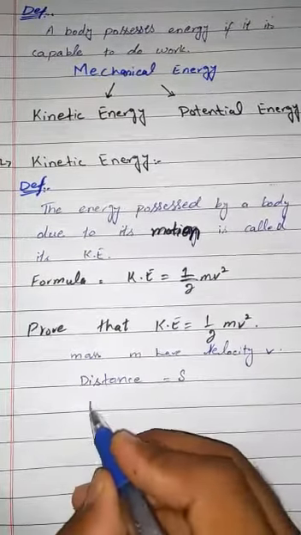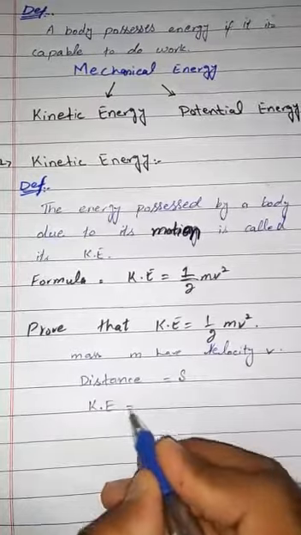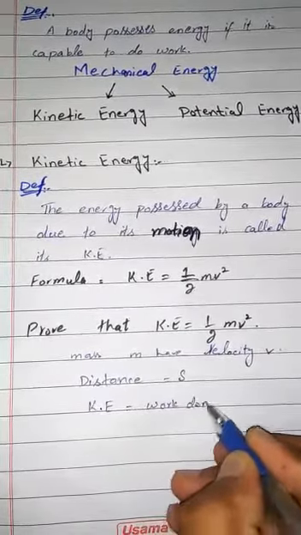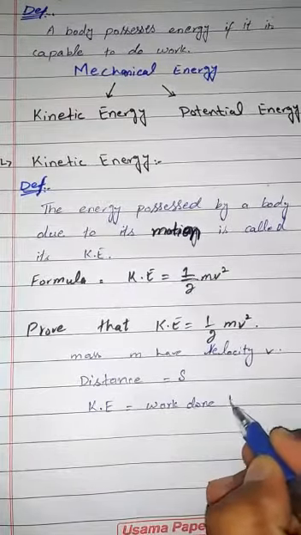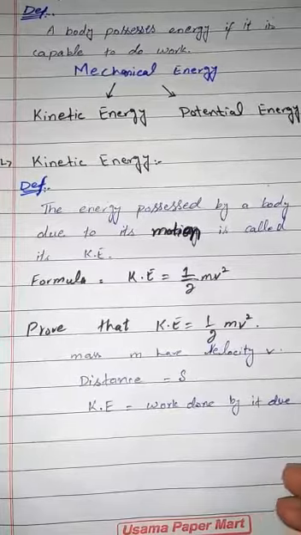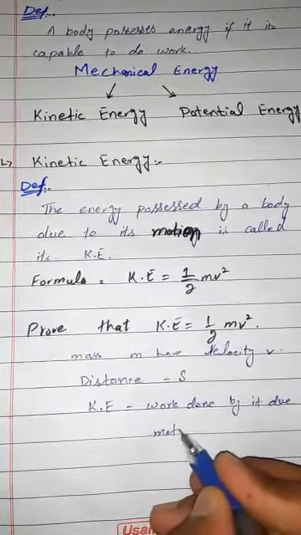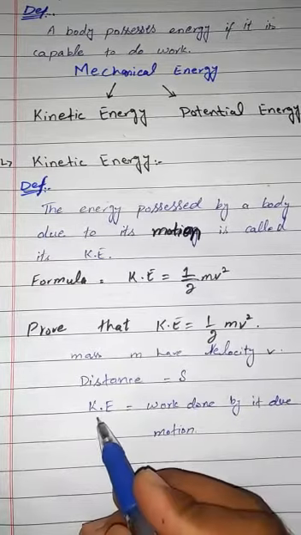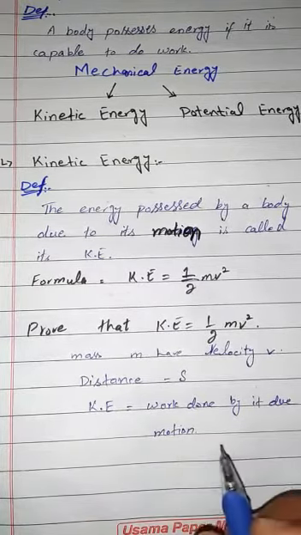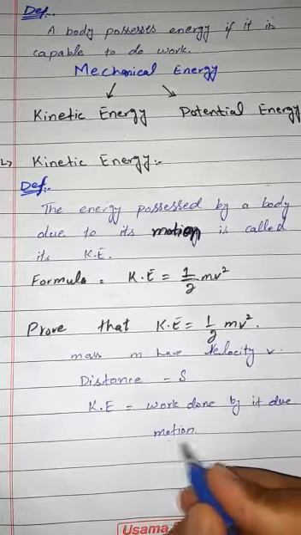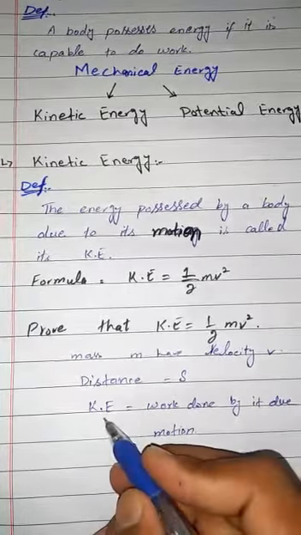So the kinetic energy of a body is equal to the work done by it due to motion. The definition is again clear: the kinetic energy of a body is the energy possessed by a body due to its motion.